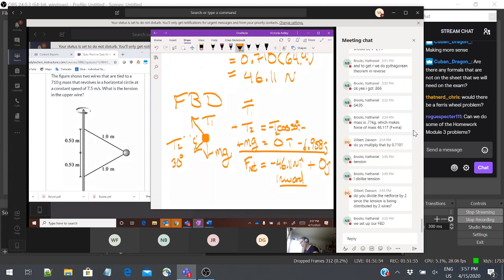And this is minus T2 cosine 30. This is going to be negative T1 cosine 30 plus T1 sine 30. One of these should be sine.